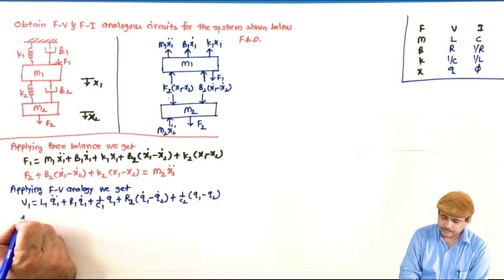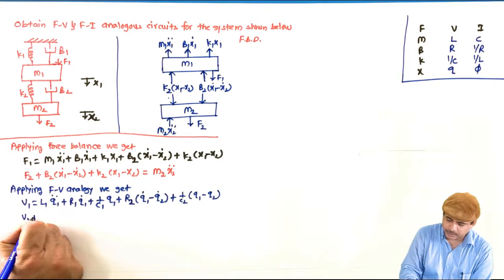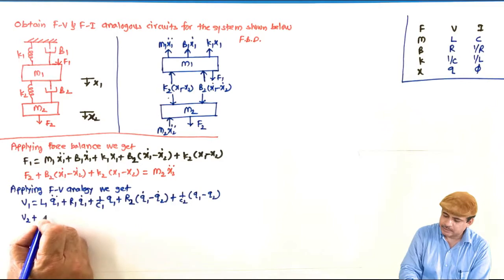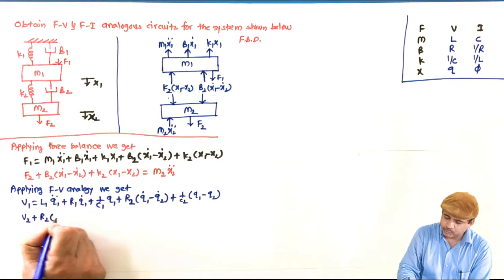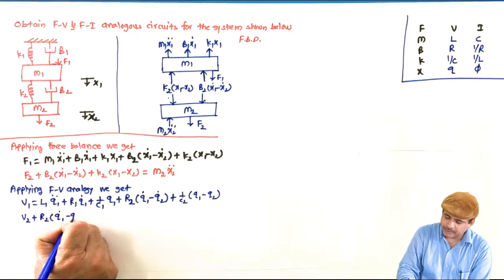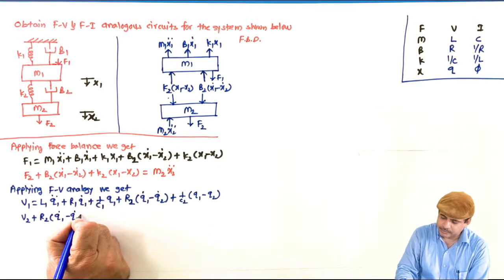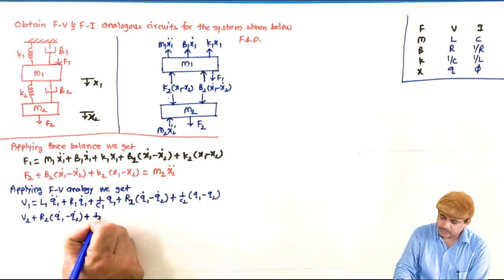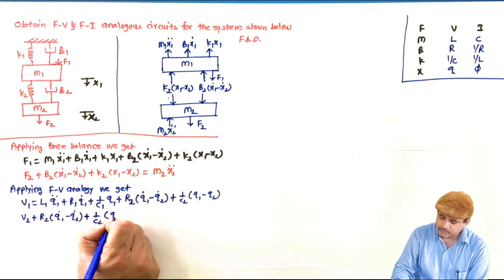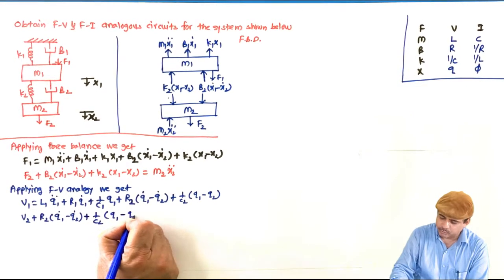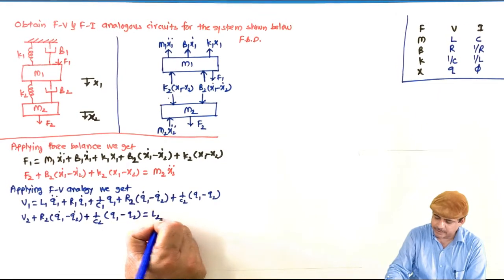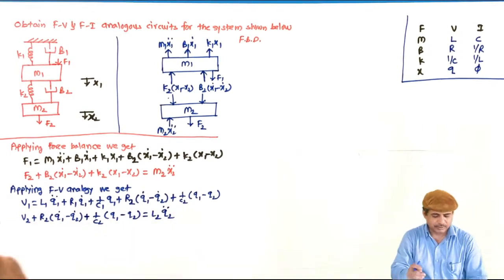Just be habitual of using it in 2-3 numerical examples, and you will directly write it down like me. And V2 plus R2 (Q1 dot minus Q2 dot) plus 1 by C2 (Q1 minus Q2) will be equal to L2 Q2 double dot.